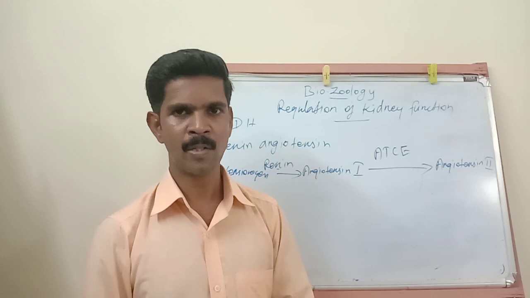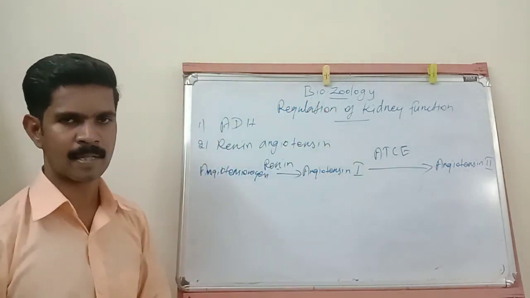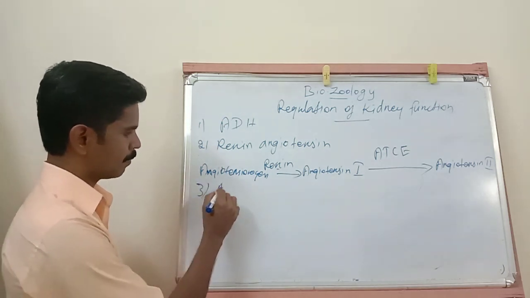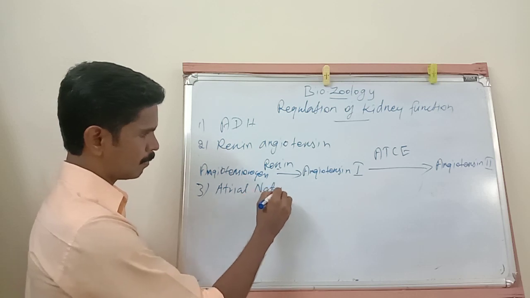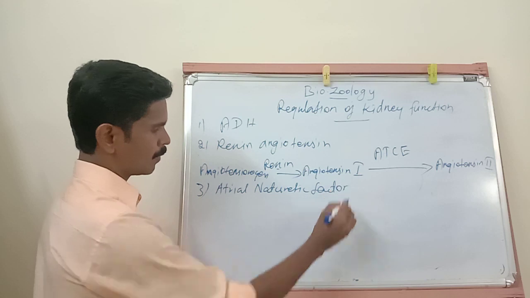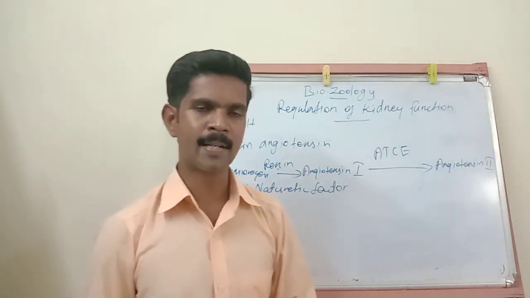Understand, my dear students? Now we have completed the second factor controlling the kidney's function. The third factor is atrial natriuretic factor.